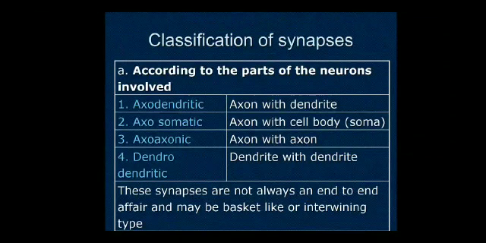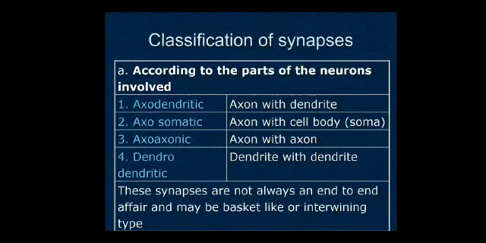So now we'll see the classification of synapses according to the parts of the neurons involved, that means according to where the synapse is formed. If the synapse is formed on the dendrites, it's called axodendritic. If the synapse is formed on the axon, it's called axonic.